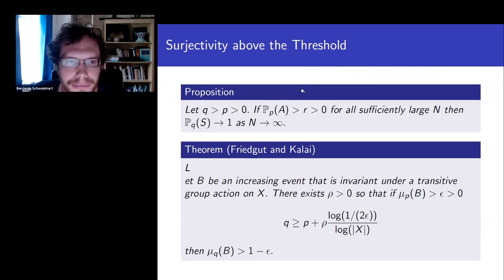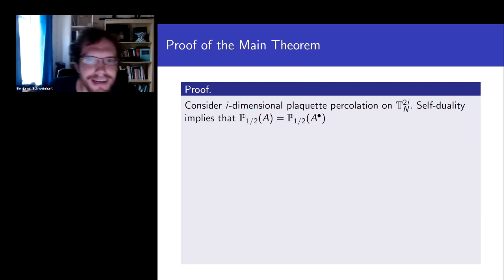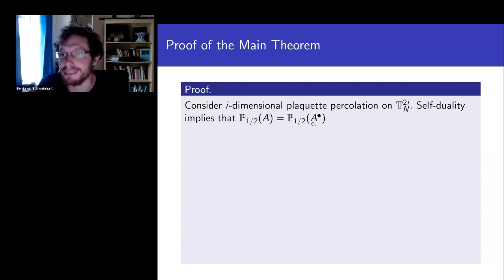And with them, we can prove our main theorem, that P_c is 1/2, the critical probability for half-dimensional plaquette percolation. So consider I-dimensional plaquette percolation on the 2I-dimensional torus. Self-duality implies that the probability that we have at least one giant cycle at 1/2 in our plaquette system equals the probability we have at least one giant cycle in the dual system, because they have the same distribution.